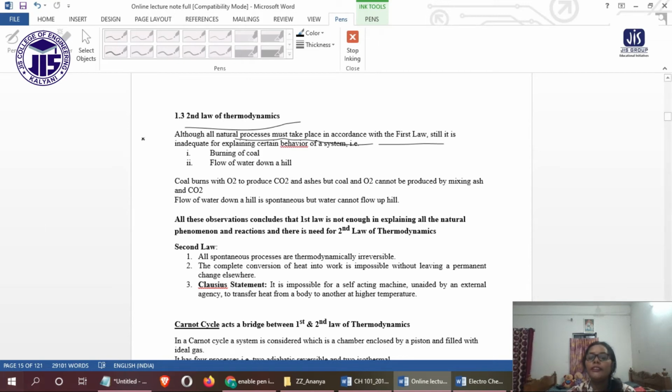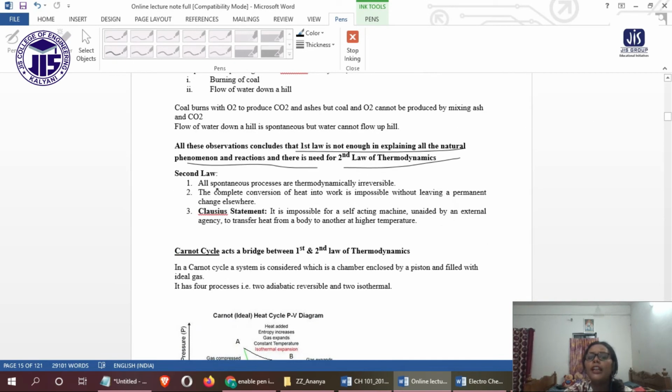All these observations conclude that the first law is not enough to explain all natural phenomena, and thus we have introduced the second law of thermodynamics. According to the second law, all spontaneous processes are thermodynamically irreversible, okay.